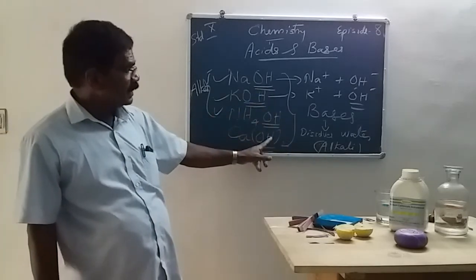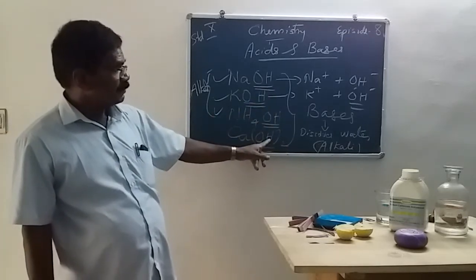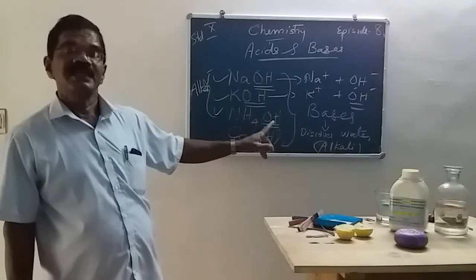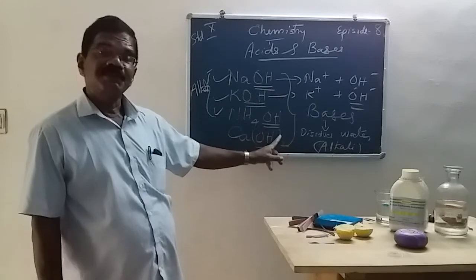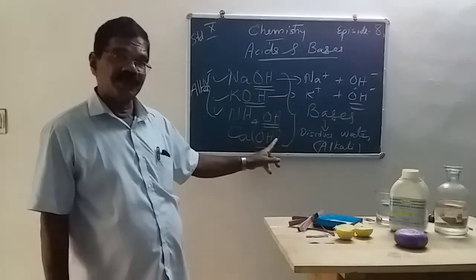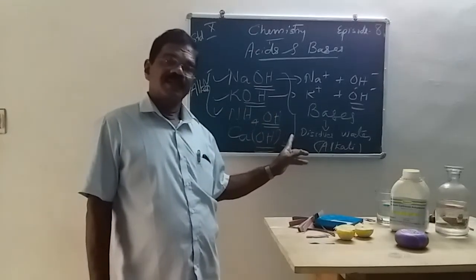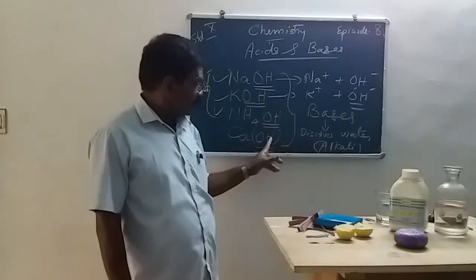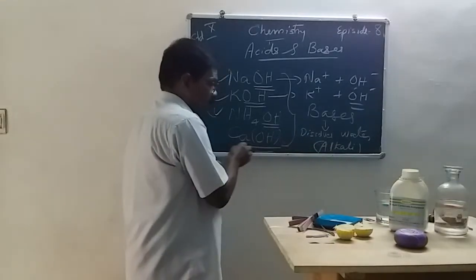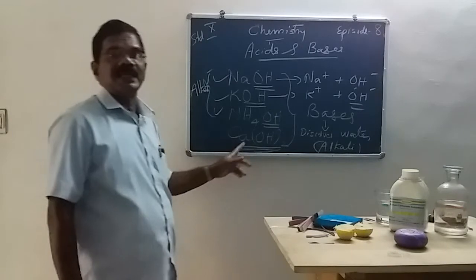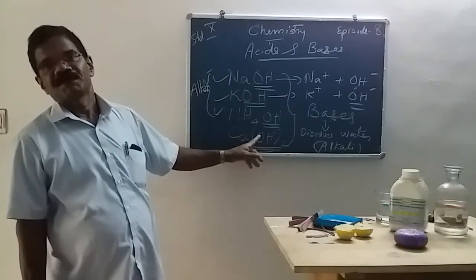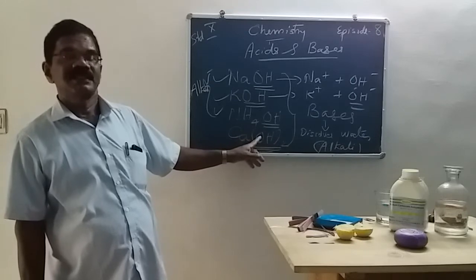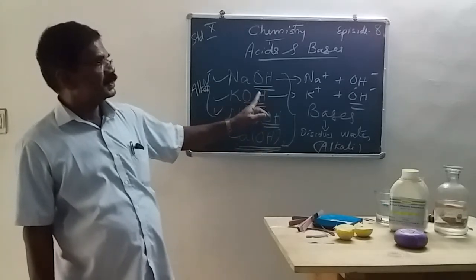But calcium hydroxide is a base but not an alkali. Why? Calcium hydroxide is a base because it produces hydroxide ions on dissociation, but it does not fully dissolve in water, so it is not an alkali. Alkali means those bases which dissolve in water.